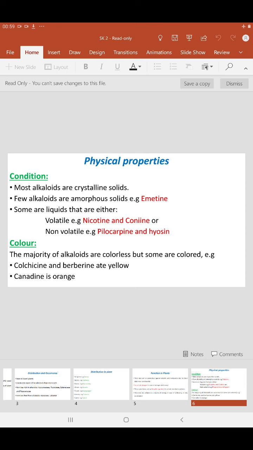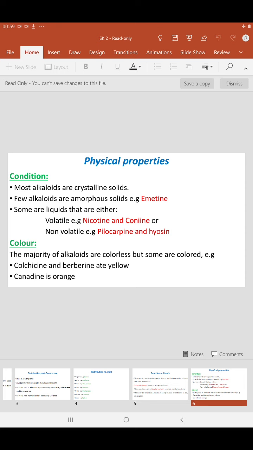Color. The majority of alkaloids are colorless, but some are colored. Example, colchicine and berberine are yellow in color and canadine is orange in color. Next one, solubility.